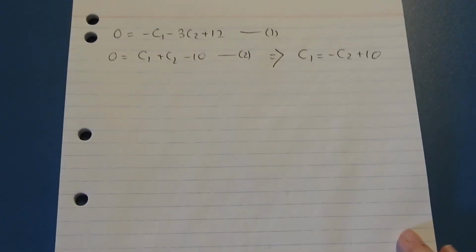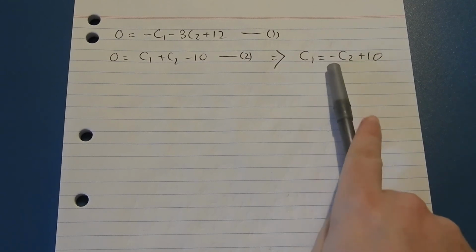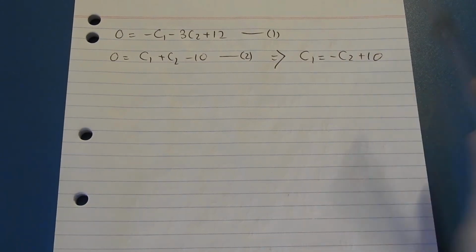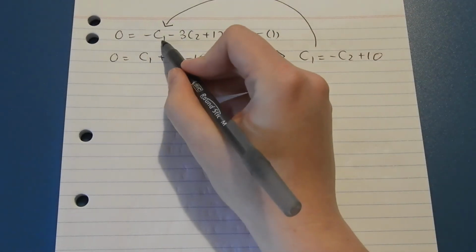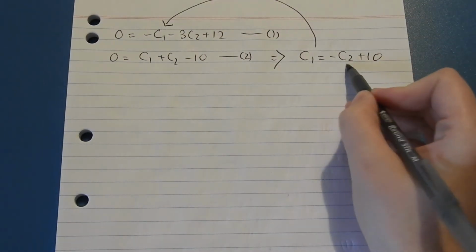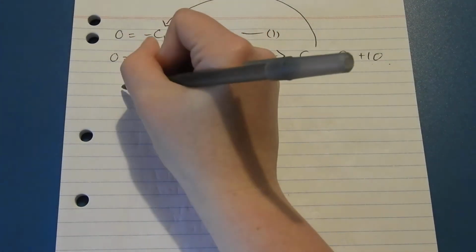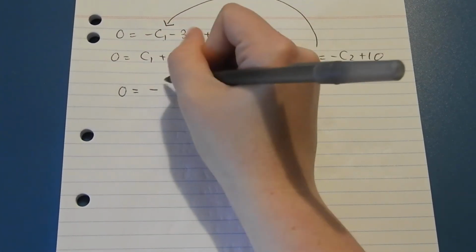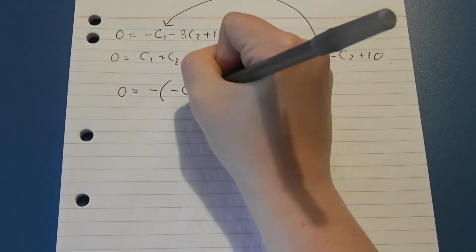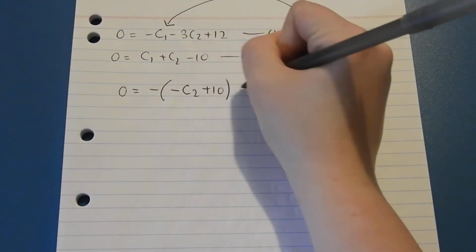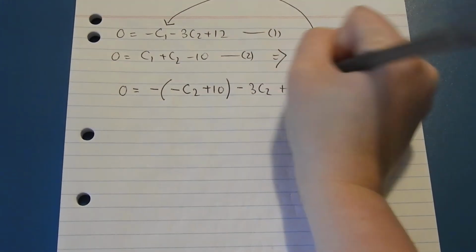Since we know that c1 equals negative c2 plus 10, we can sub that in up here and replace this c1 with negative c2 plus 10. So 0 equals negative, because there's a negative out front of the c1, negative c2 plus 10, minus 3c2 plus 12.